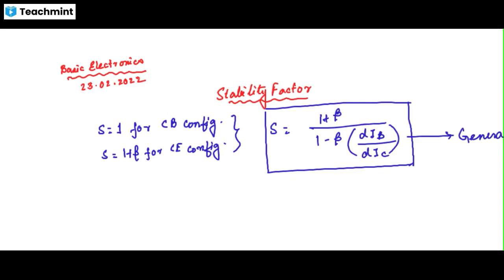In CB, there is no need of biasing stabilization, because S equals to 1, unity is there, so there is not much problem. But in CE mode, we have to improve the stability factor. So this is an important point in our CE configurations.